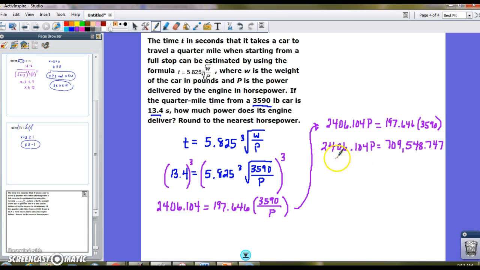And if I just divide both sides by 2406.104, I will get a value for P. P comes out to be approximately, it says round to the nearest horsepower, about 295 horsepower.